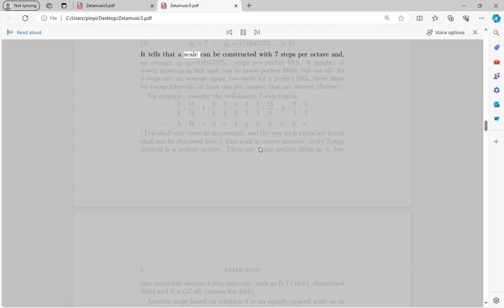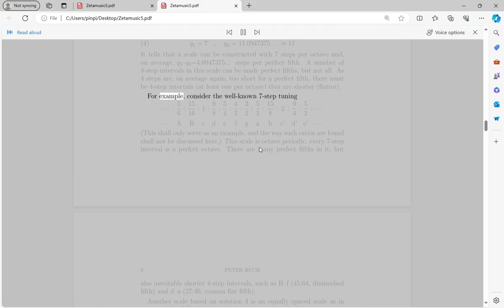It tells that a scale can be constructed with 7 steps per octave and, on average, q2 equals 4.0947375 steps per perfect fifth. A number of 4-step intervals in this scale can be made perfect fifths, but not all. As 4 steps are, on average again, too short for a perfect fifth, there must be 4-step intervals, at least one per octave, that are shorter, flatter.